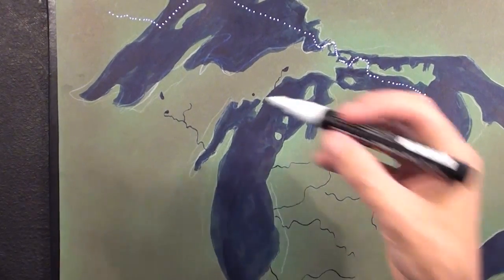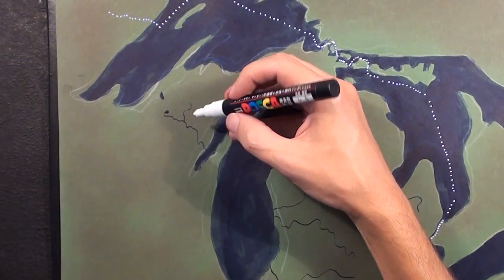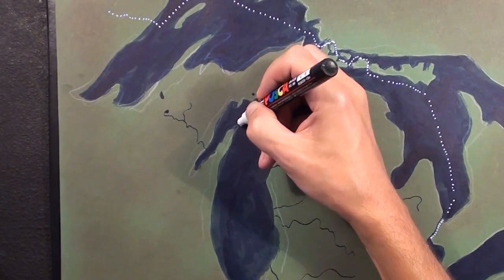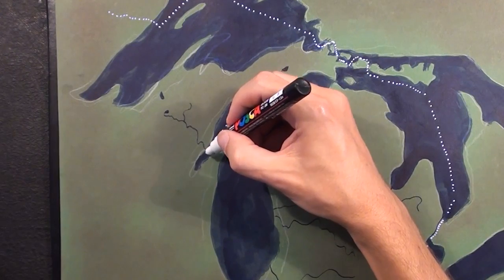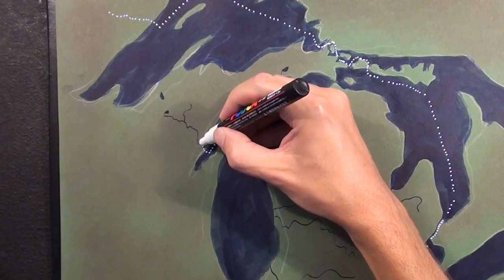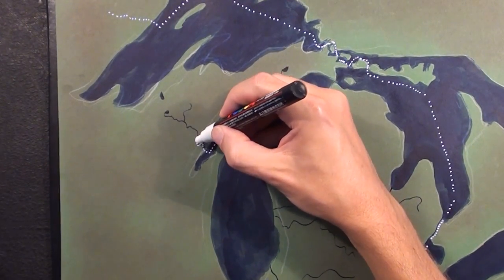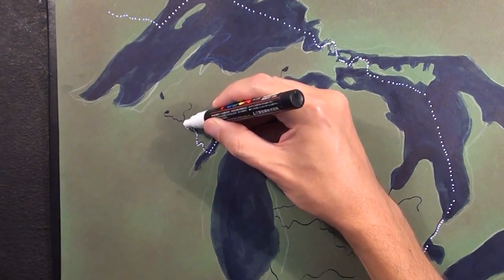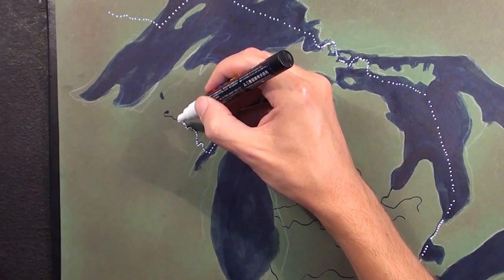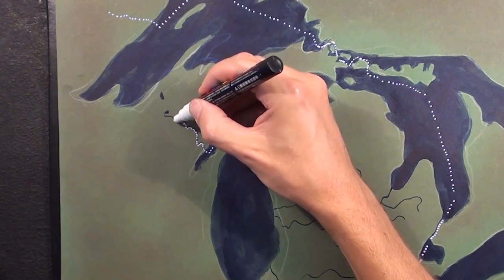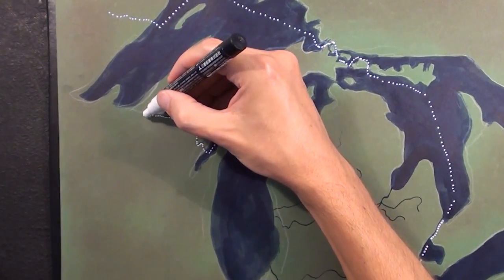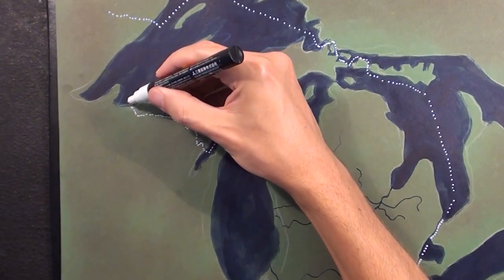but we still have to draw the border between Wisconsin to the south and the upper peninsula of Michigan, and it follows the Menominee River at first, then the Brule River, Brule, I'm not sure how to pronounce it. And then like this.